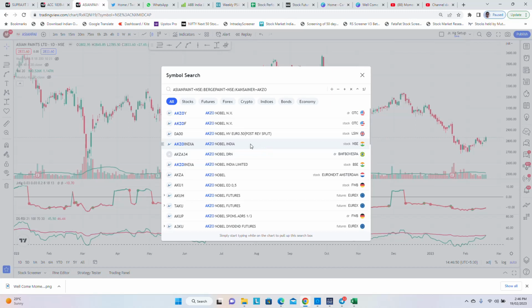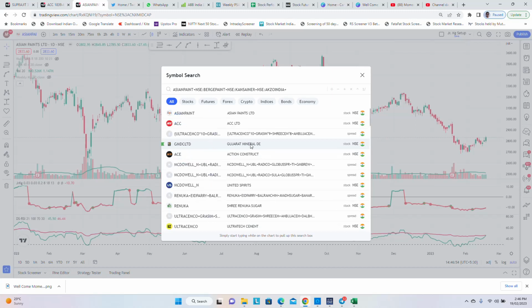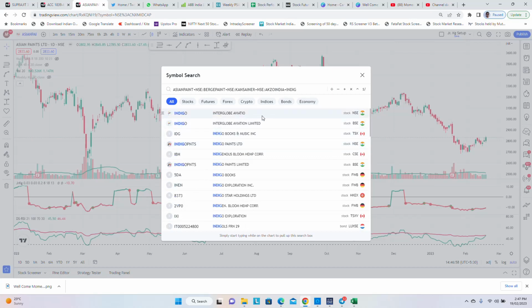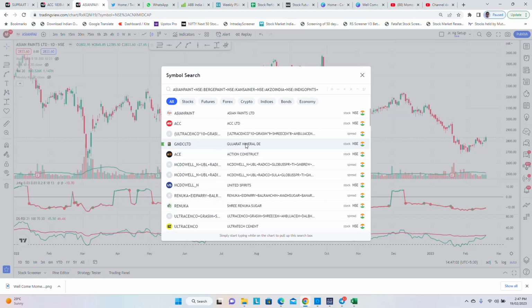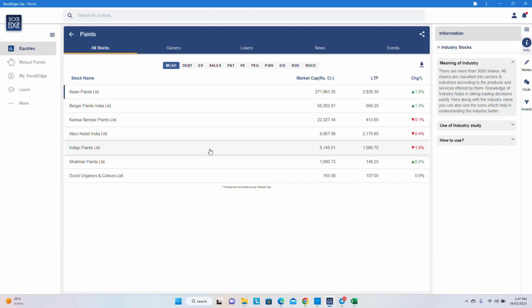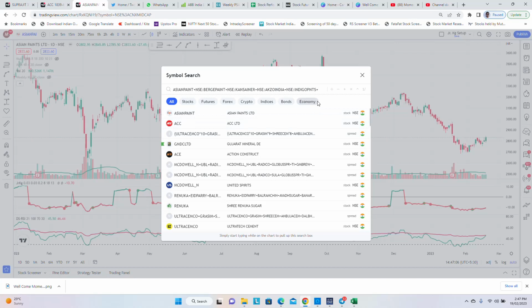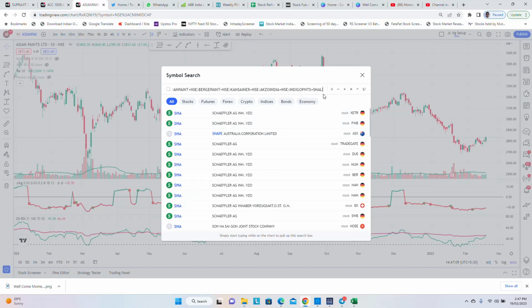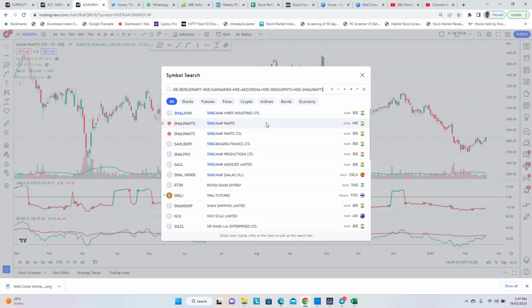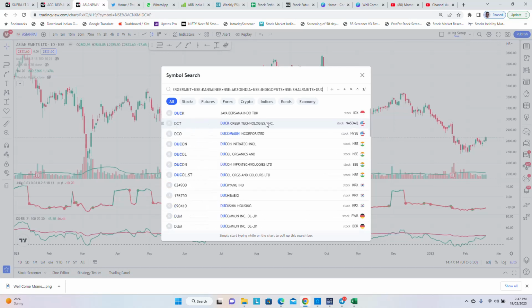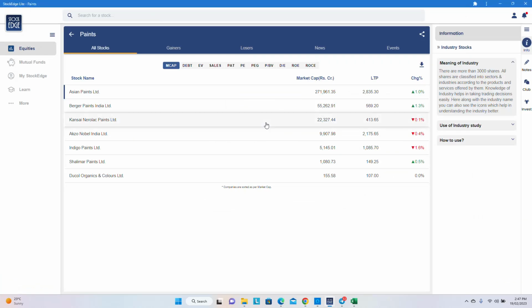Where is it? Yes, here it is. Akzo Nobel, then plus Indigo Paints, plus then Shalimar Paints and Ducol. Shalimar Paints, plus, what was the name?